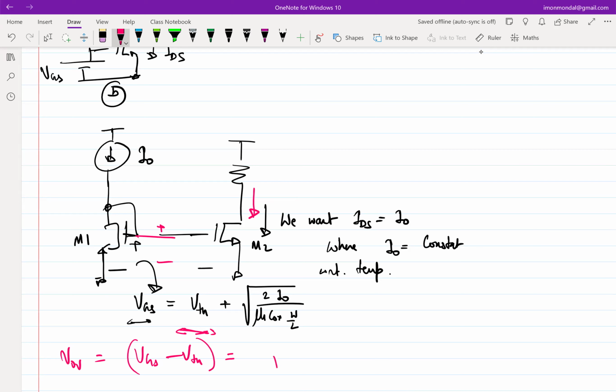So this is equal to the square root of 2I0 by mu n Cox W over L. So I0 is not changing, W by L is not changing, mu n Cox is not changing, which means your current will not change as well, right? Make sense? So even if the threshold voltage changes, if you bias your circuit like this, it's not going to change the current.